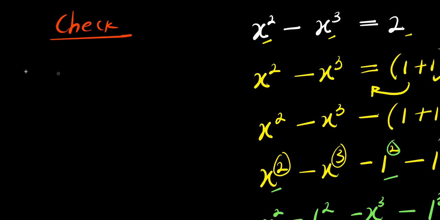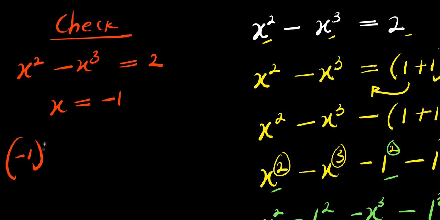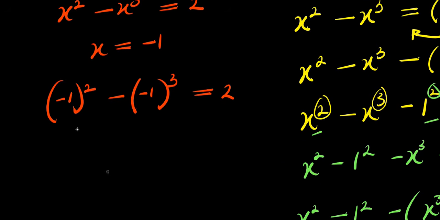We have check. So this is x power 2 minus x power 3 equals 2. We are going to check when x equals negative 1. That means we have negative 1 power 2 minus negative 1 power 3 equals 2. From here, negative 1 power 2 will give us 1, minus negative 1 to the power 3.